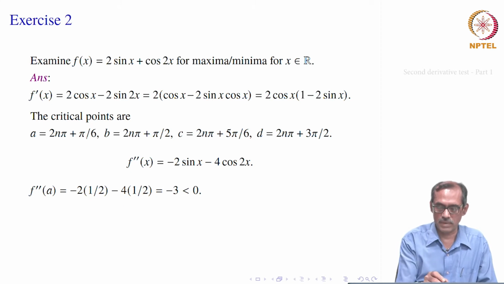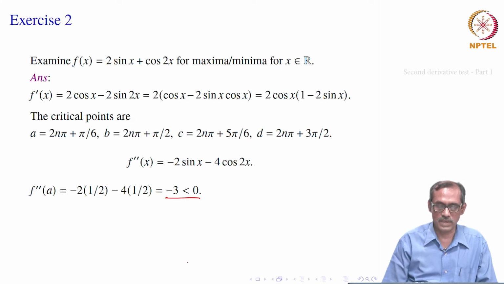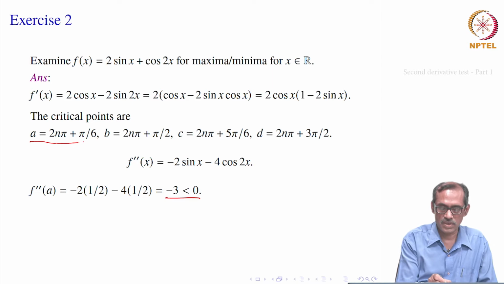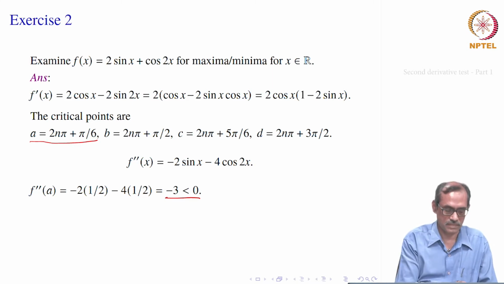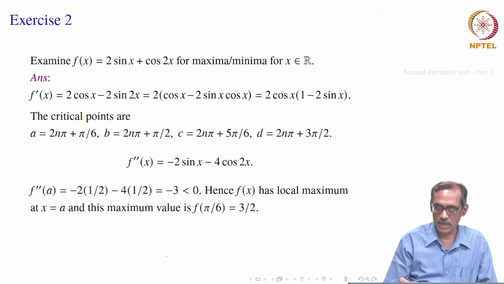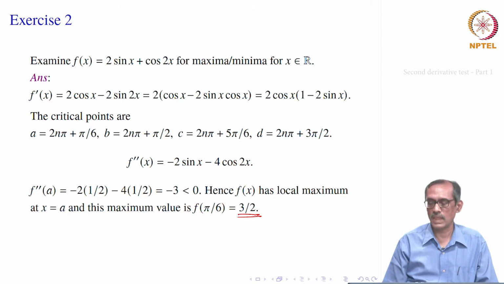So, that gives π/3, cos is half, and that gives minus 3, which is less than 0. So, that means all these points are local maxima of the function f(x), fine. So, what is the local maximum value? Evaluate f at A, that is essentially at π/6. So, that gives 3/2, that is the local maximum.